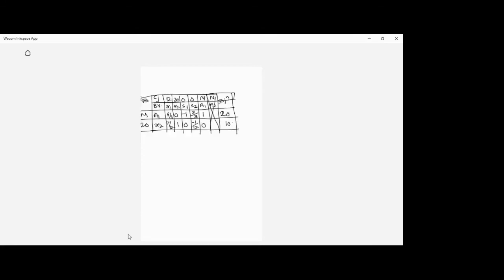So what we have to do next is, we have to find out the Zj values, and then we'll have to go for Cj minus Zj values, right? So first Zj value can be written as what? M into 4 by 3 plus 20 into 7 by 12. So if you do the calculations properly, use your calculator, right? Calculator is a device that will be helping you to move fast.